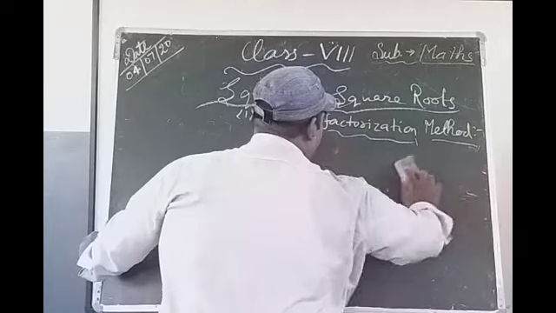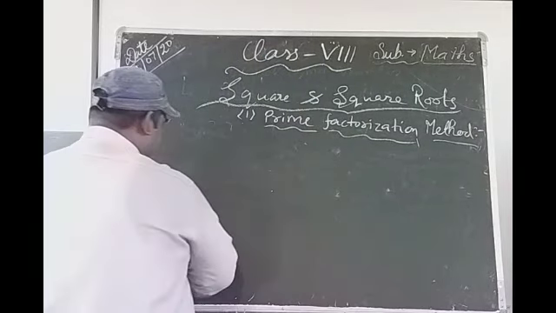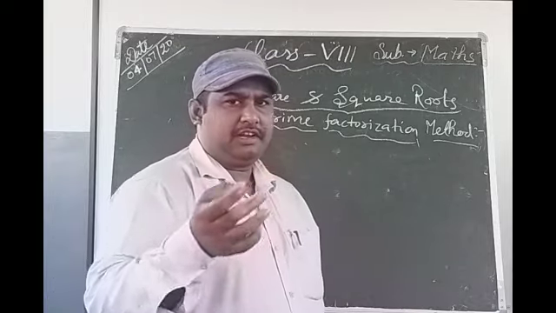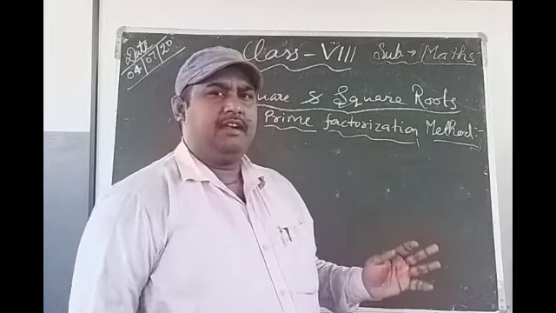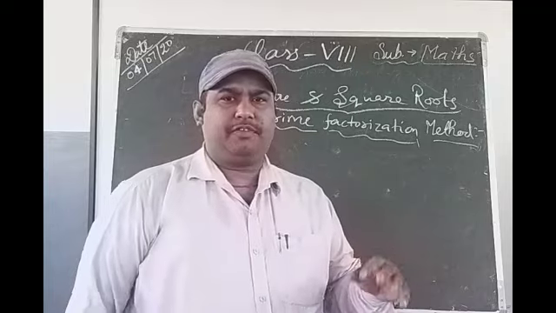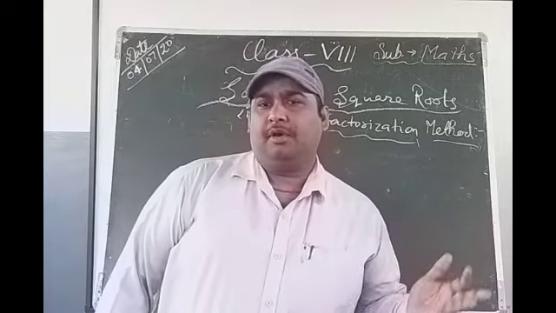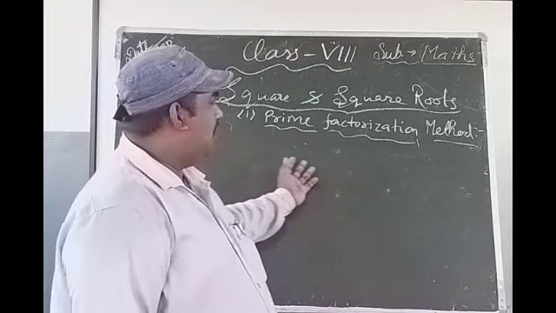Now students, with the help of this there are some problems which you have to solve. In the book you will read the question: find the smallest number which must be multiplied with the given number to form a square number. Here we have seen all numbers have a pair.